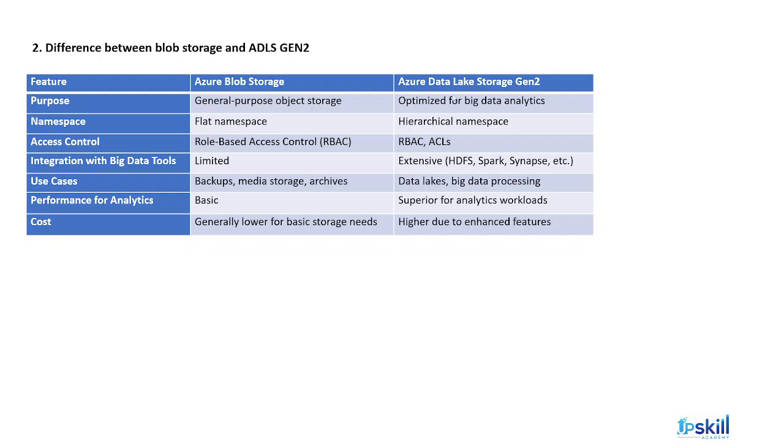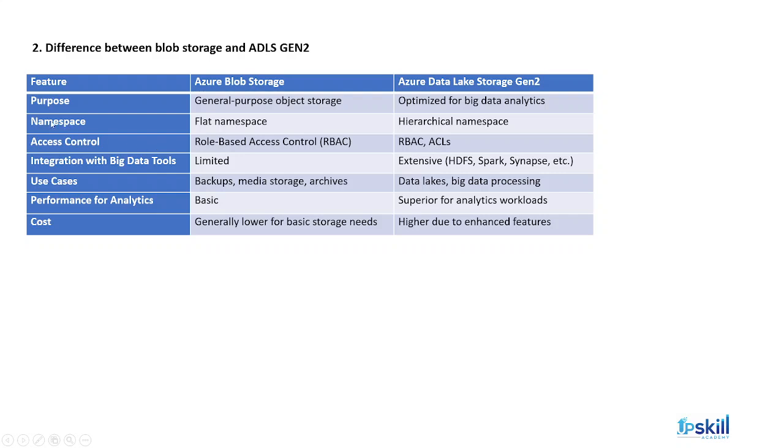But ADLS is specifically designed for big data analytics. It is optimized for big data processing, data lakes, and machine learning models, and it is built to work efficiently with tools like Apache Spark, Databricks, Synapse Analytics, and so on.